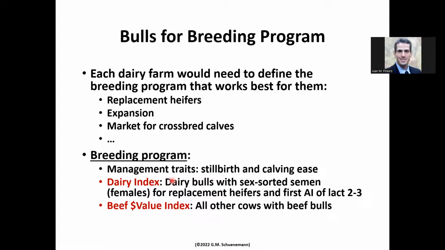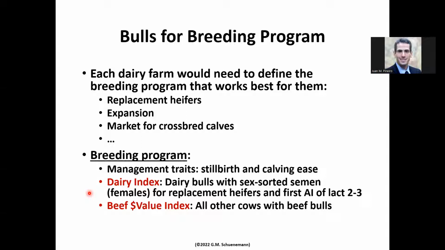An important management trait in the programs I've been involved with is that stillbirth and calving have been a priority for farmers. And then you have different indexes. Some farms might use a dairy index, whether that is net merit or an individual index that they have for the farm, and they will use specific bulls.